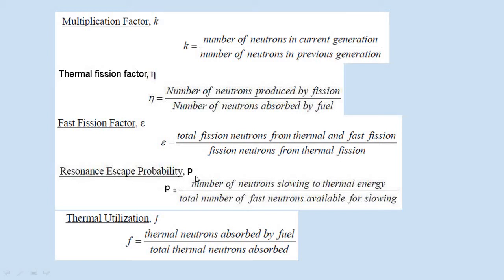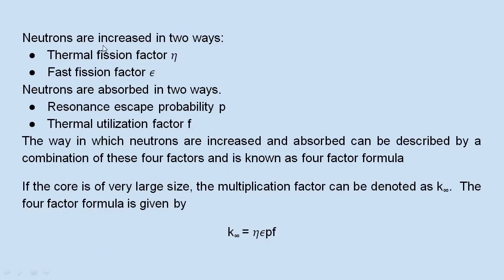Resonance escape probability P is the number of neutrons slowing to thermal energy by the total number of fast neutrons available for slowing, and thermal utilization F is thermal neutrons absorbed by fuel by total thermal neutrons absorbed. So you have these 5 terms and they can be connected as follows.